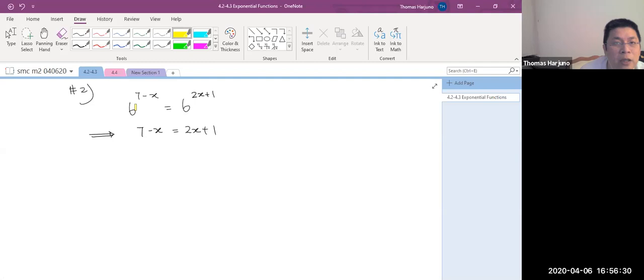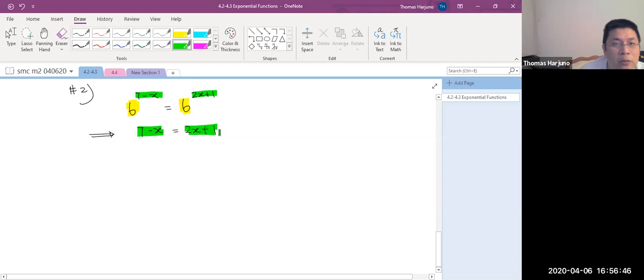Now, the reason is exponential function with base 6, actually any exponential function, is a one-to-one function. Therefore, if they have the same base, then they must have the same exponent. That's what I did here. Okay, now therefore I can go on solving it.